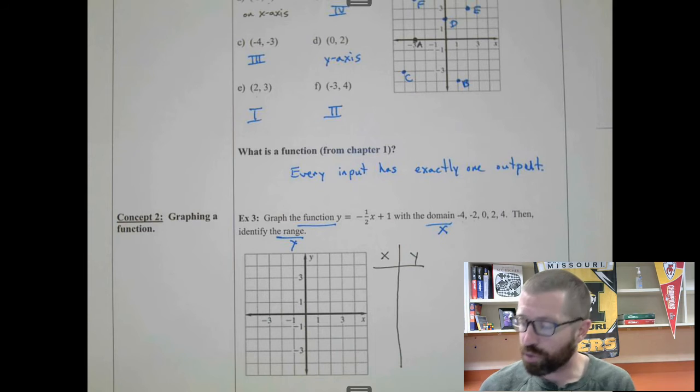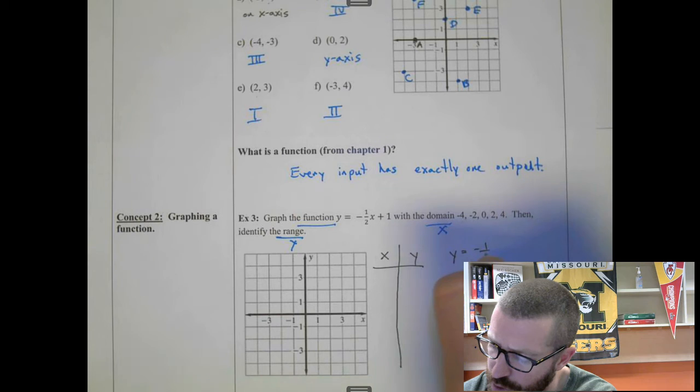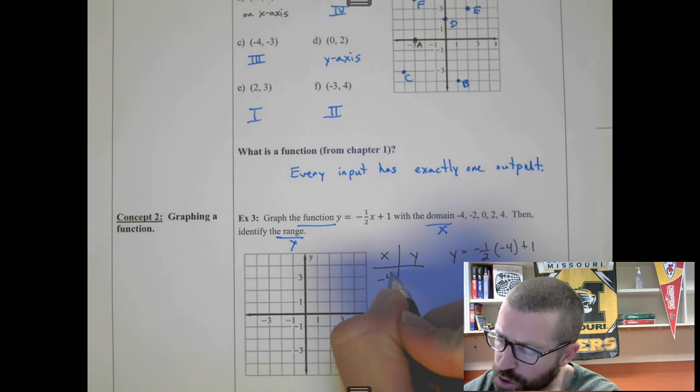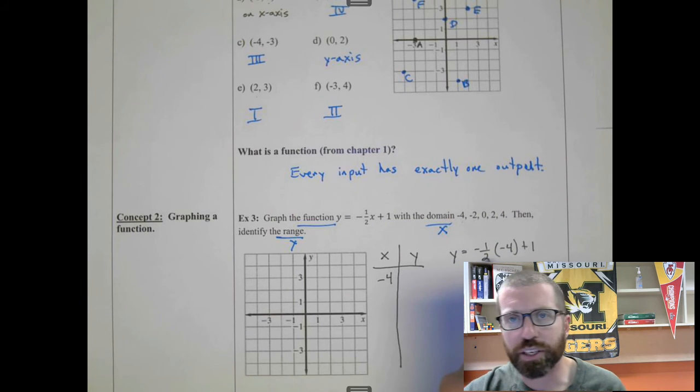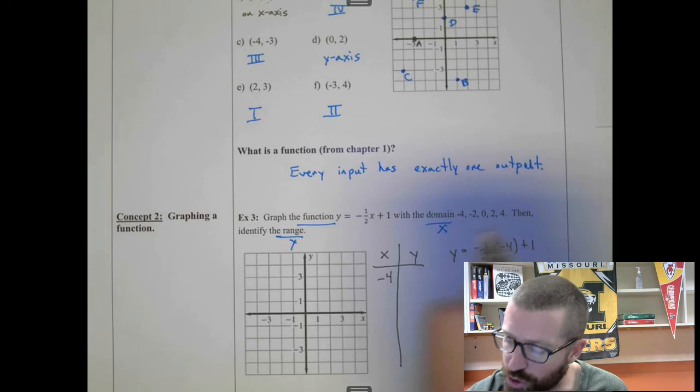And so we're going to plug in -4, and we'll do this off to the side here. So we plug in -4. You multiply, and you can use a calculator for this too, but you multiply -4 times 1/2 is +2, and +1 is 3.